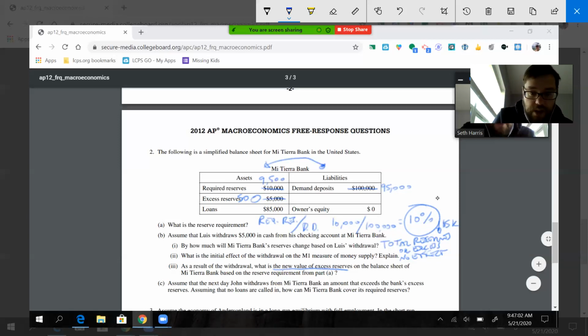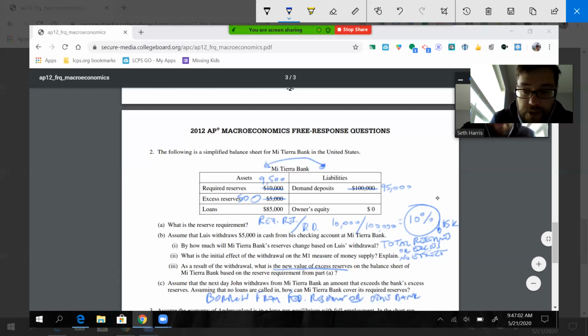Part C, assume that the next day John withdraws from the bank an amount that exceeds the bank's excess reserves. Assuming that no loans are called in, how can the bank cover its required reserves? A bank finds that all of a sudden it doesn't have enough in required reserves. What are they going to do? Well, they can borrow money short term, either from the Federal Reserve, if needed, or from other banks.